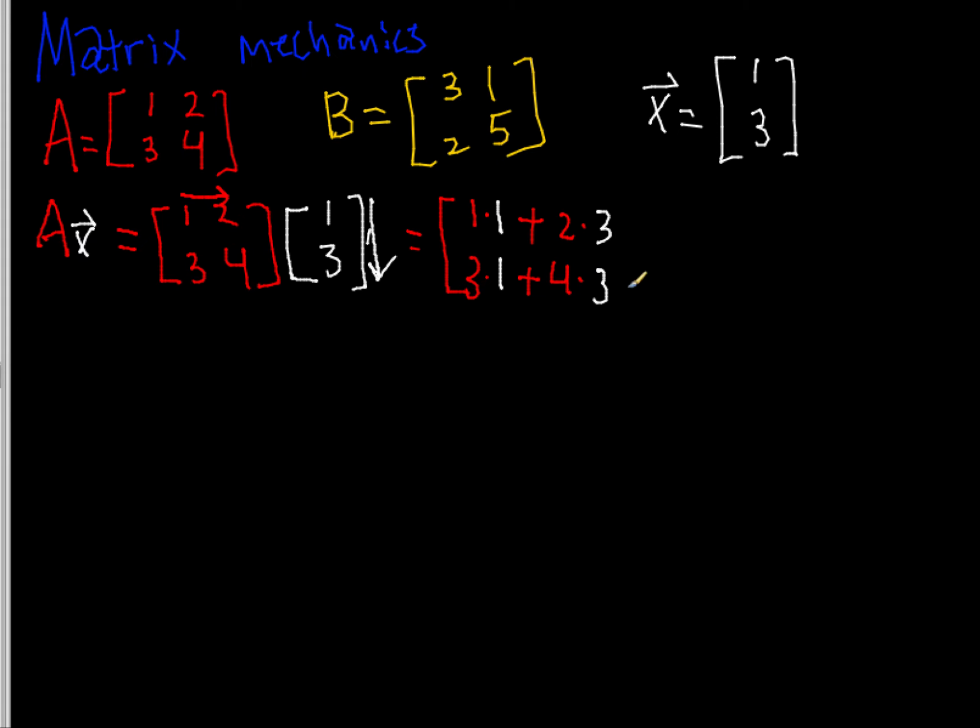Then this will be equal to 1 plus 6 and 3 plus 12, which is 7, 15. And that's your answer. So the x component has 7, and the y component has 15.